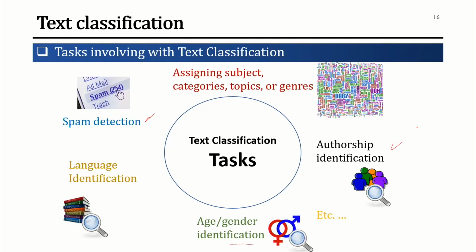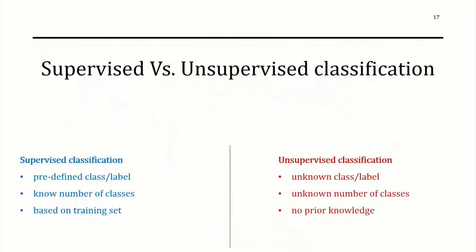And authorship identification, whether a piece of text, a publication, or a book belongs to some author, which is relevant to the copyright process. And we have categorized classification, where we assign some topics to a given text. And there are some more that we can use in text classification also. So next part, we will talk about the difference between supervised and unsupervised classification.